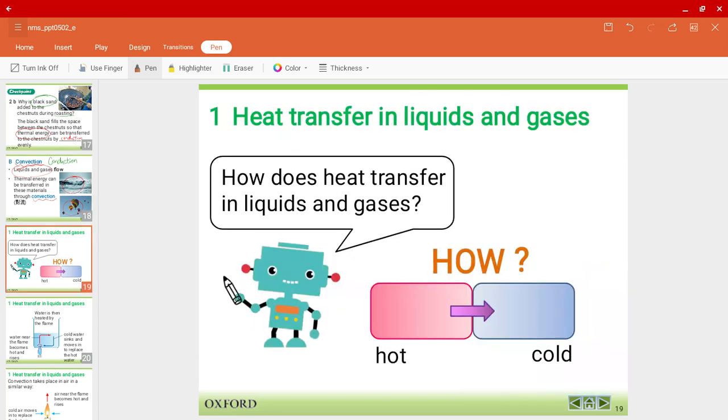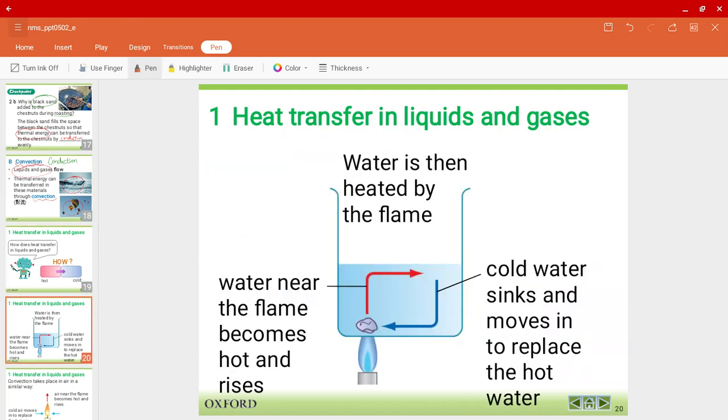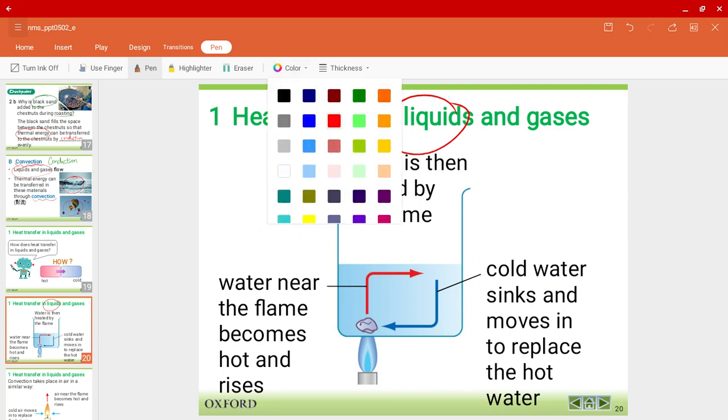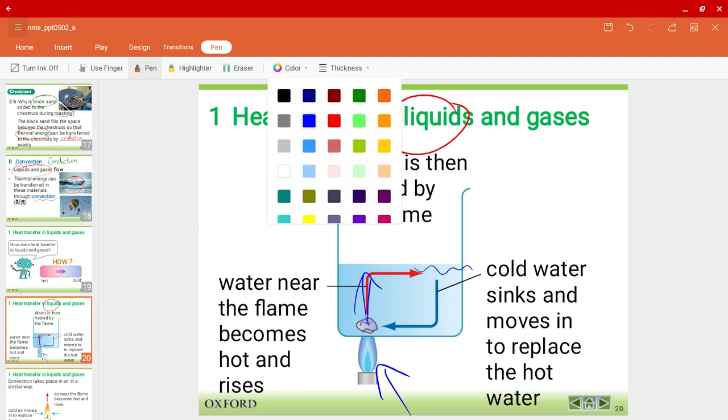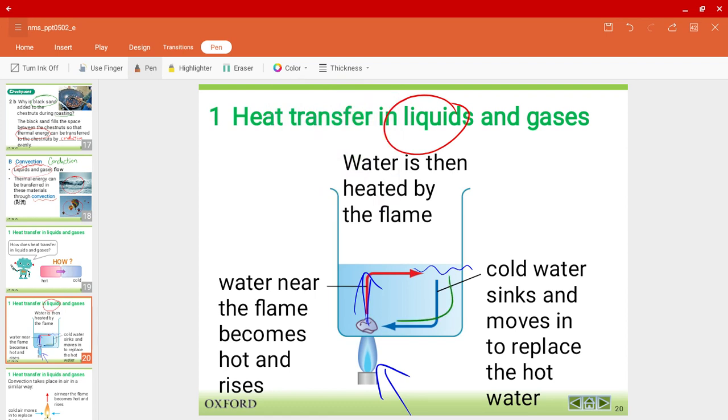So how does heat transfer actually occur in liquids and gases? Let's first talk about liquids. Say we have a Bunsen burner over here. Water near the flame becomes hot and rises, and the surrounding cold water sinks and moves to replace the hot water.